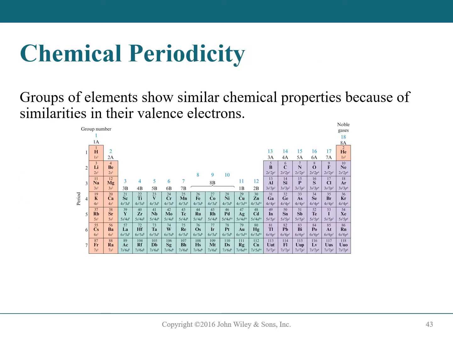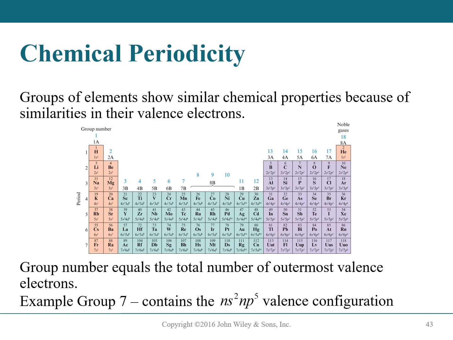Okay. Now, because of their similar number of valence electrons in your main group elements, you're going to have similar chemical properties. All right. So all your elements here, your halogens, they have 7 valence electrons. Okay.